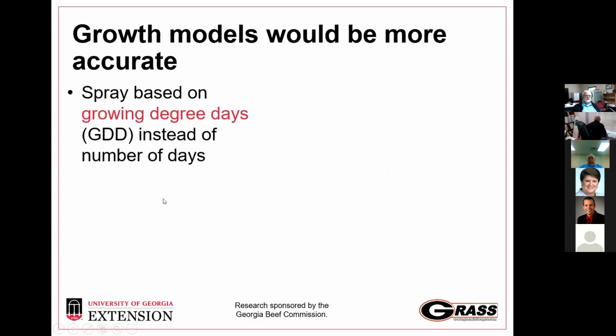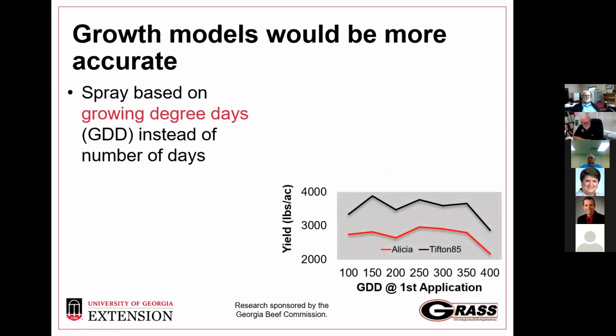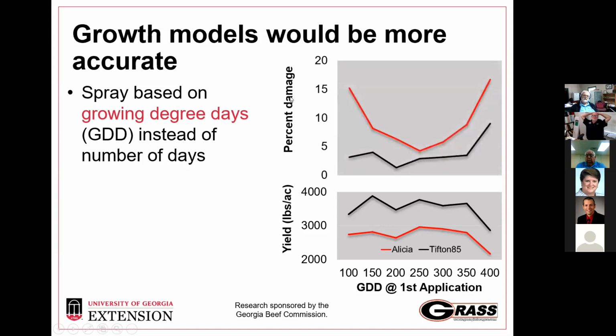They're also working on using some growth models, using growing degree days instead of just the number of days, to more accurately target appropriate application times. Yield as a function of growing degree days at first application is the way that they're looking at that. The damage is much greater at 100 and 400 growing degree days than it is in between.